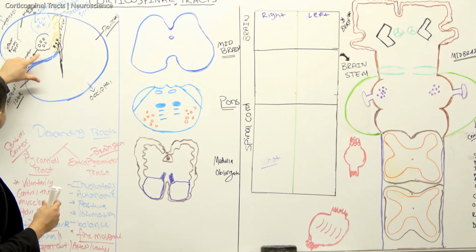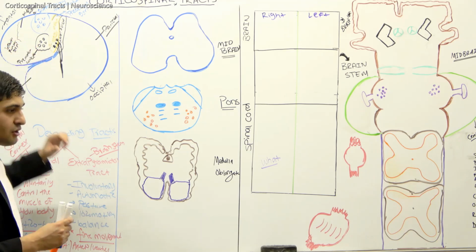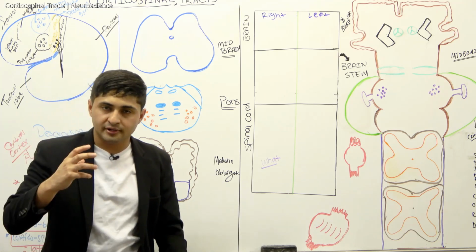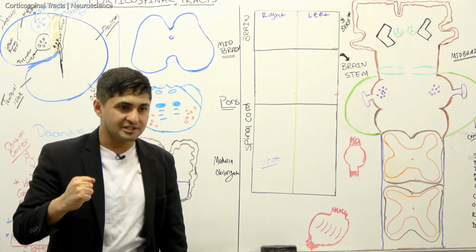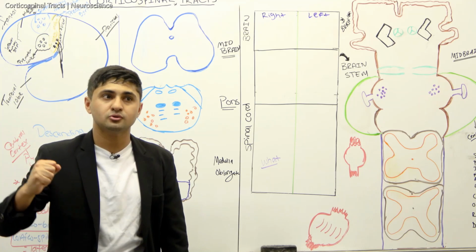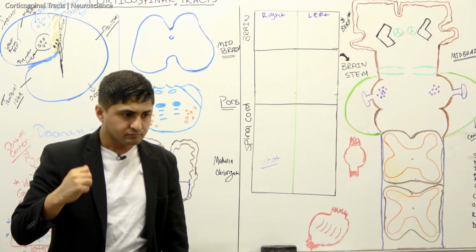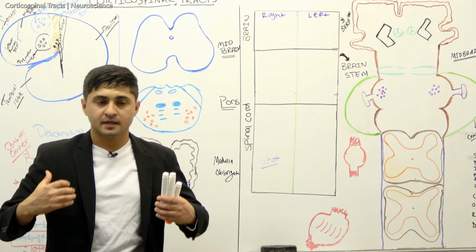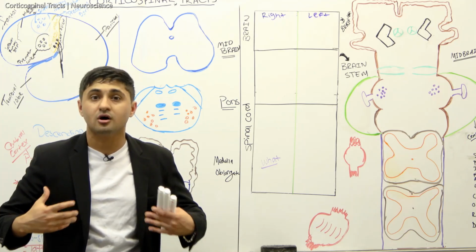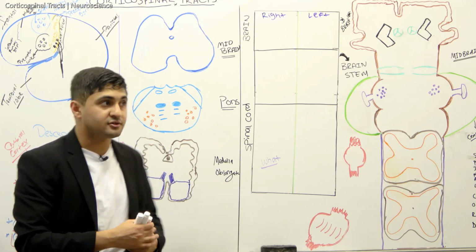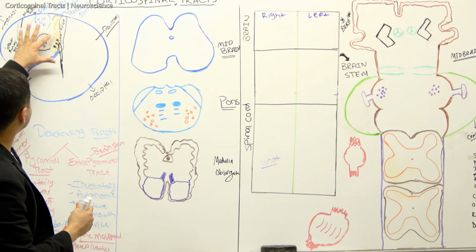And the supplementary motor cortex, what it does is it controls, let's say, learned responses, like if you need to throw the ball, all right? Also, it controls your axial muscles or your larger muscles, like trunk muscles. That is the function of the supplementary motor cortex.